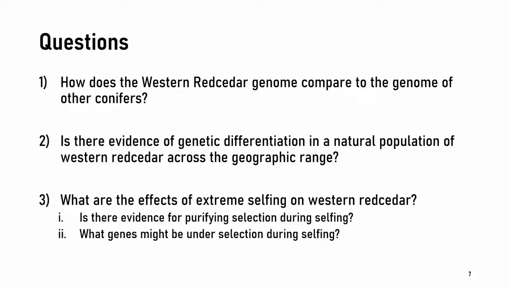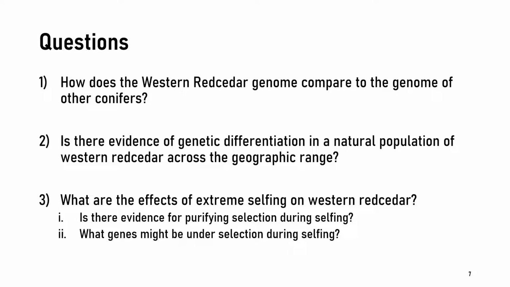Now, we had some questions that we wanted to ask about western red cedar as we were sequencing the genome. And a big part of it has to do with genetic diversity in western red cedar, which is expected to be quite low due to the fact that it has expanded from a very small population since the last glaciation.